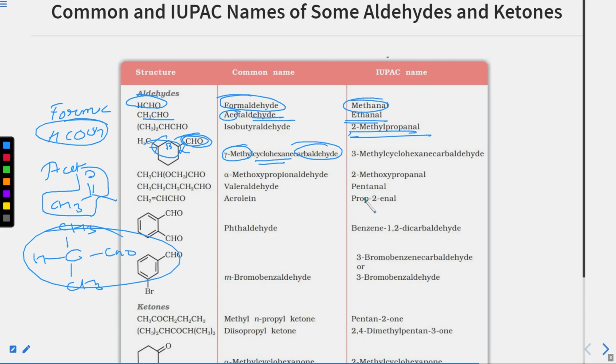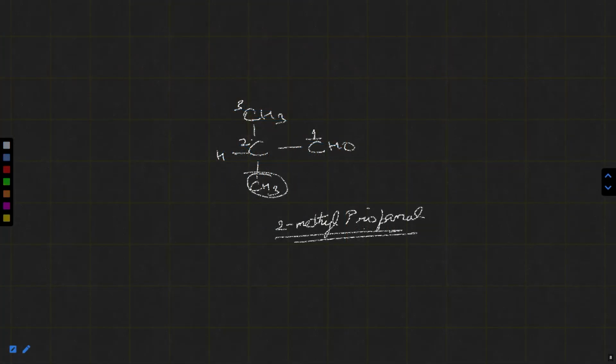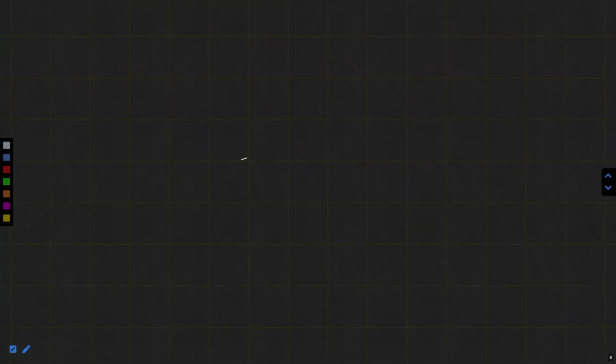Now what would be the IUPAC nomenclature of this? It was the structure. Now 1, 2, 3. At third position we have methyl. What is the base name?